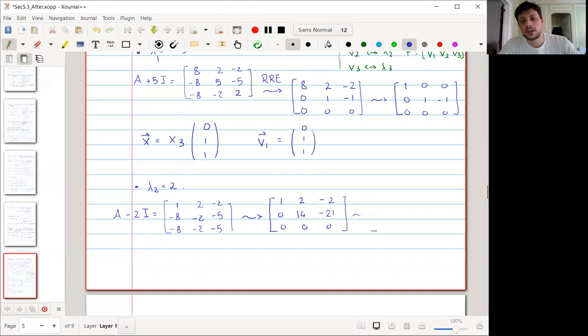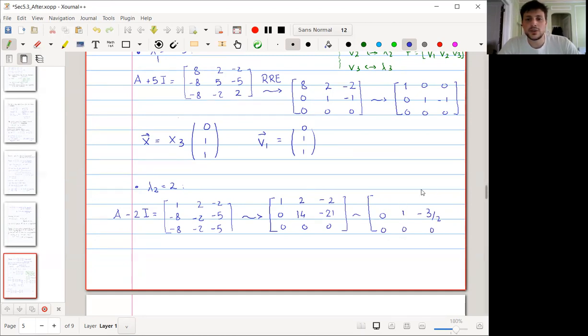Now I can keep simplifying things here, and I get that this is 2 minus 3, or rather, I should divide further. I divide everything by 14, so I get 3/2. 0, 0, 0.